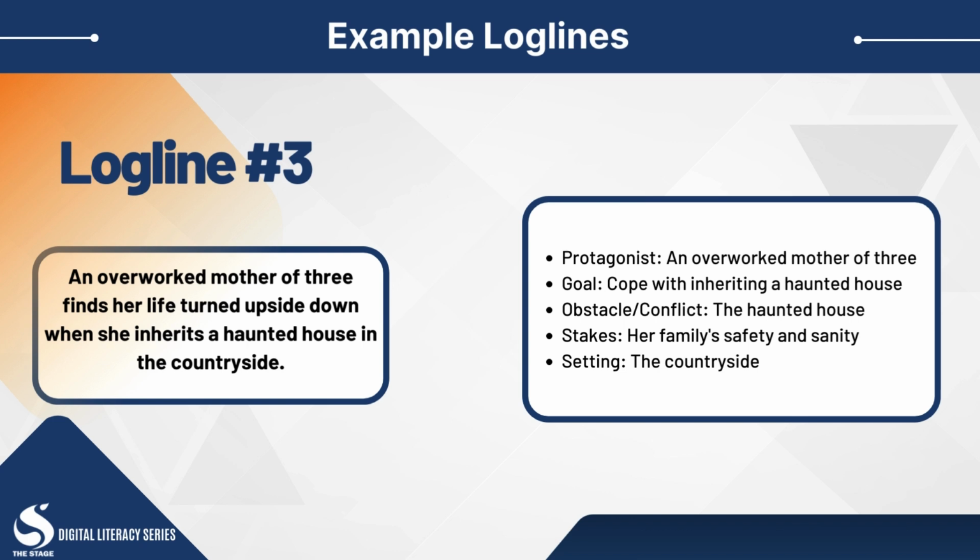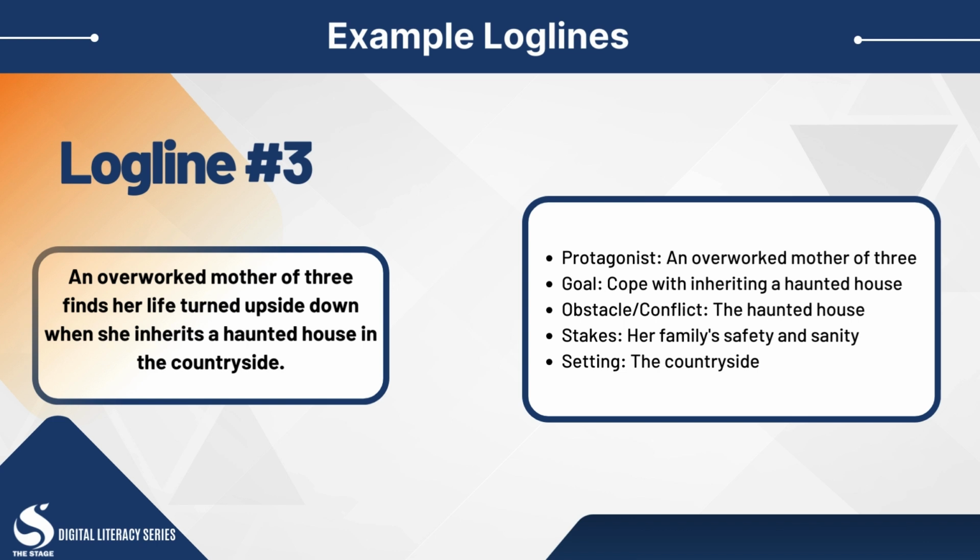Now her goal is she has to cope with this inherited haunted house. She just inherited this haunted house, and she has to figure her way out because her life has been turned upside down. Now, the obstacle here is the haunted house. That's what she's fighting with.